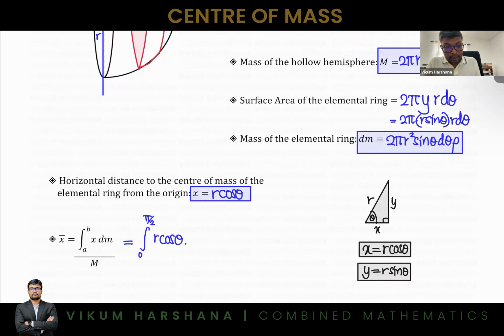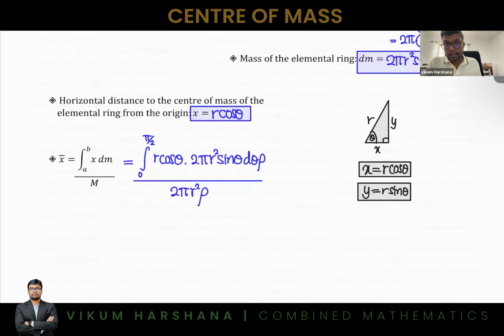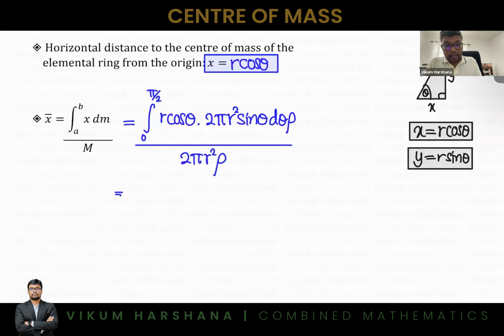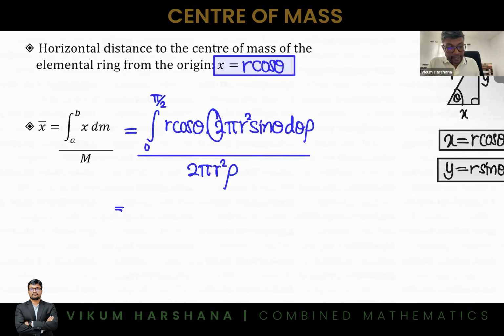Then the dm is 2 pi r squared sine theta d theta rho, divided by 2 pi r squared rho. Now let's take all the constants out, but I'm not taking this 2 out. I will tell you why. I'm taking everything else but 2.